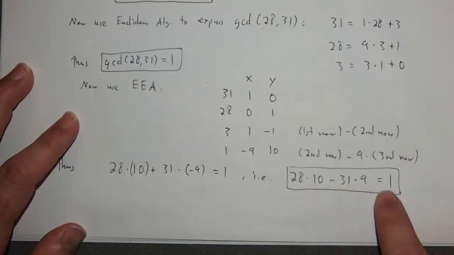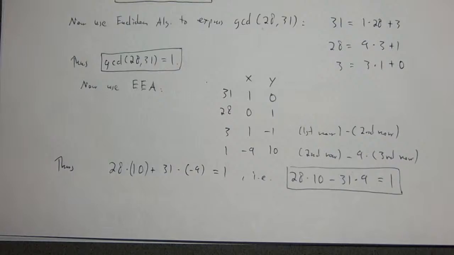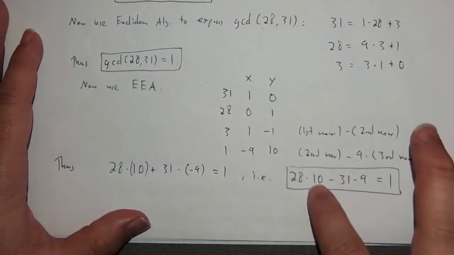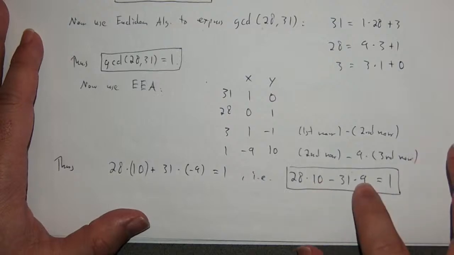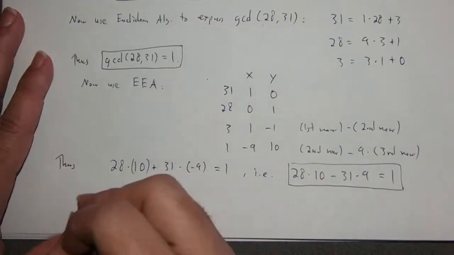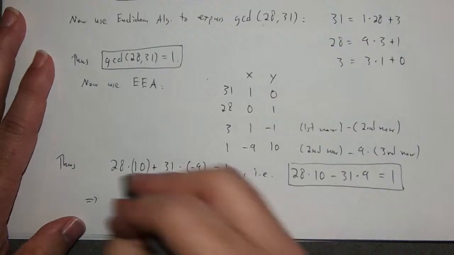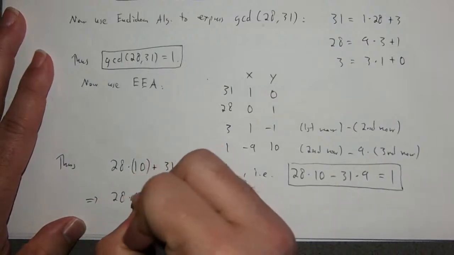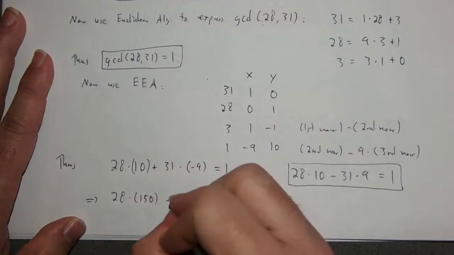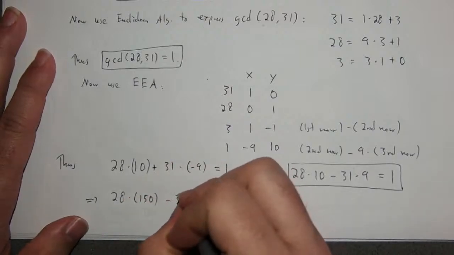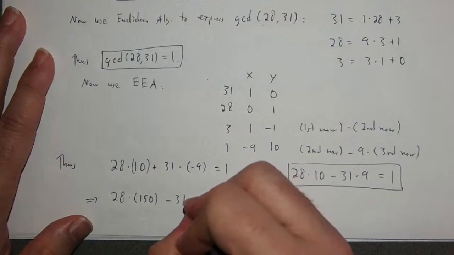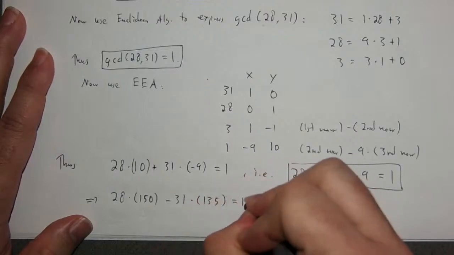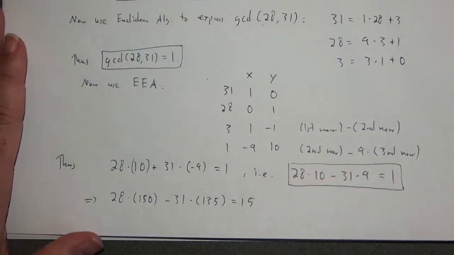So I multiply both sides of this expression by 15, and I gather those multiples of 15 in the 10 and 9 slots. Multiplying by 15, I get 28 times 150 minus 31 times 135 is equal to 15.